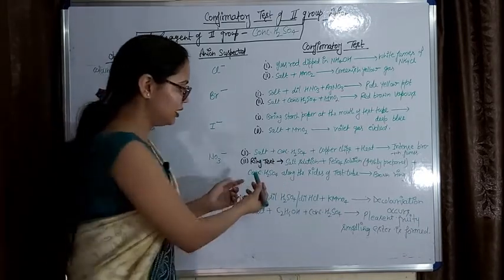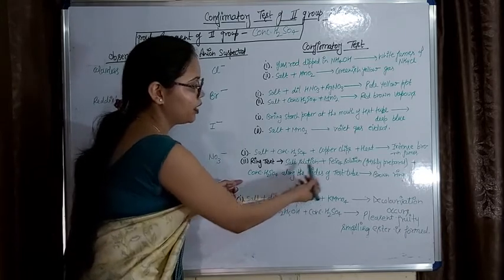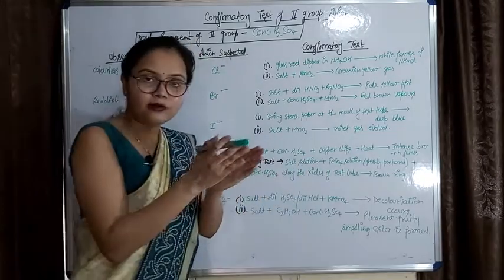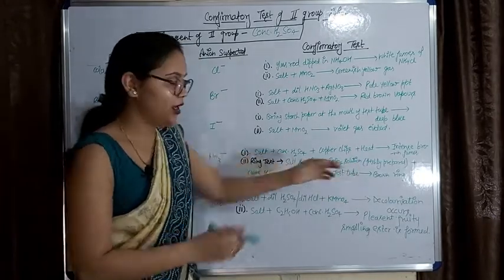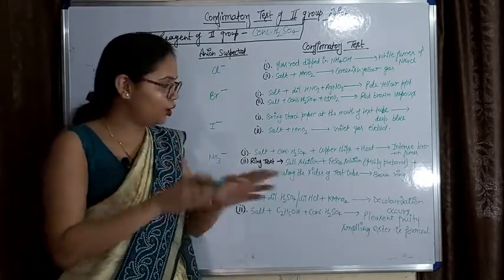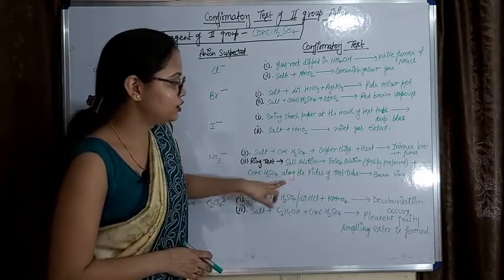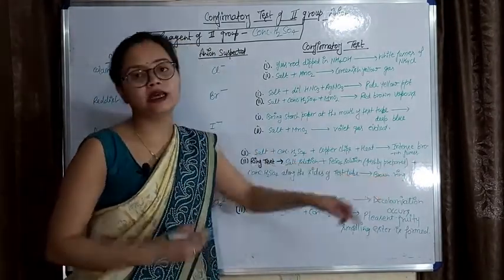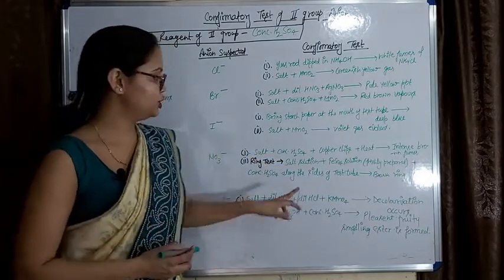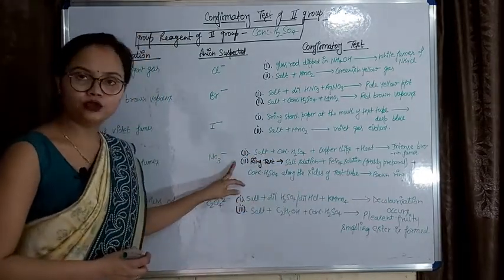When this concentrated H2SO4 comes in contact with the FeSO4 solution, at the junction of these two solutions you will observe a brown ring. If a brown ring is formed in your test, it shows the presence of NO3 negative, nitrate ion.